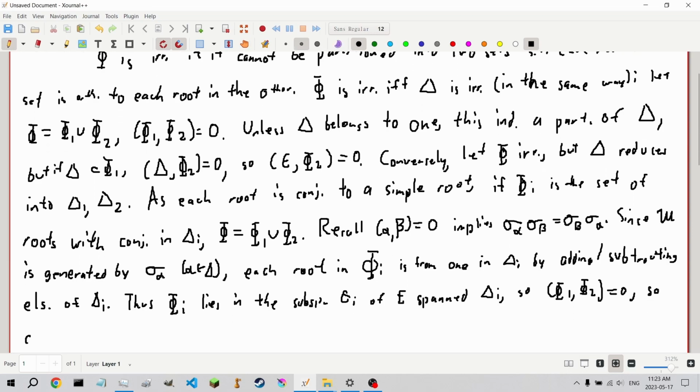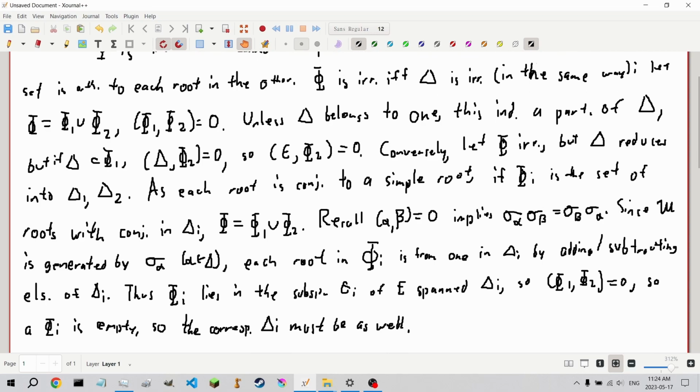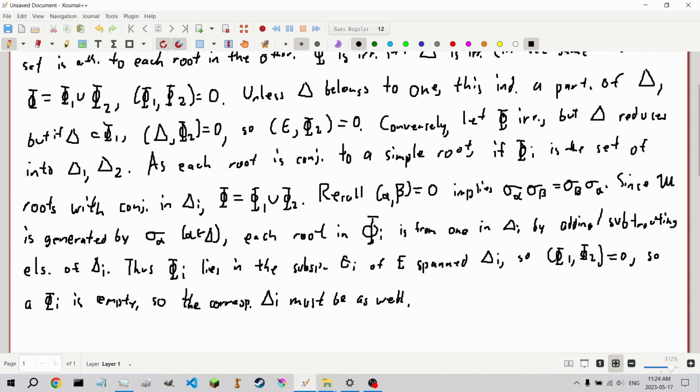So one of the phi i's is empty, so the corresponding delta i must be as well.